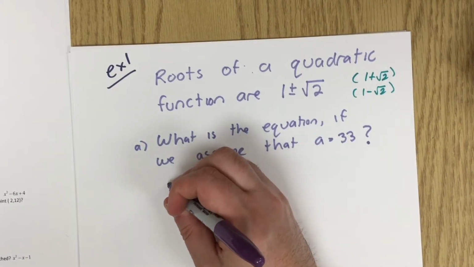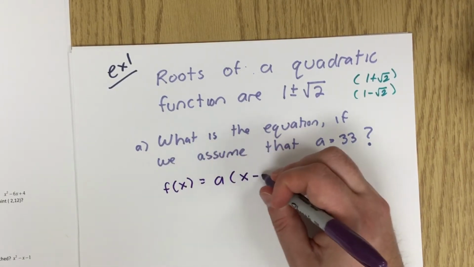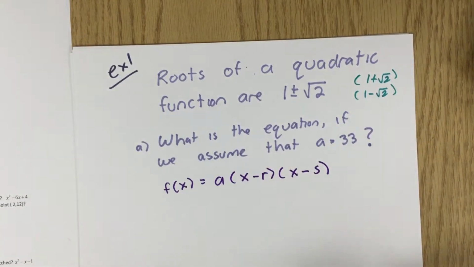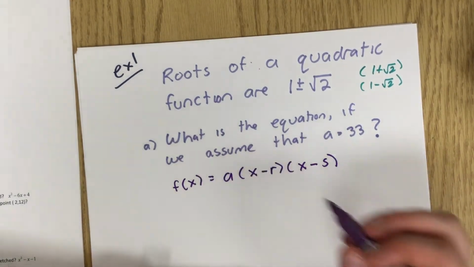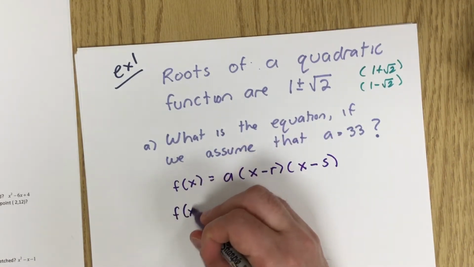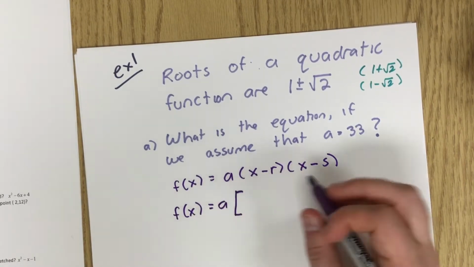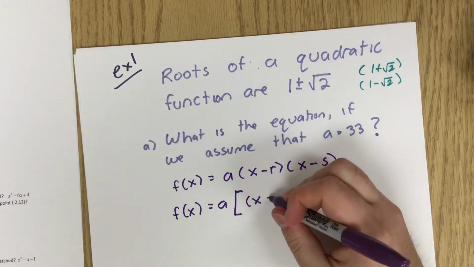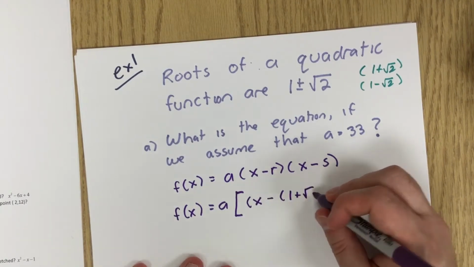So we know that f of x is a times (x minus the first root)(x minus the second root). So we're going to kind of ignore the a for a bit. Let's start plugging things in. f of x is going to be a, and then we'll put a square bracket here. x minus, and the first root is 1 plus root 2.